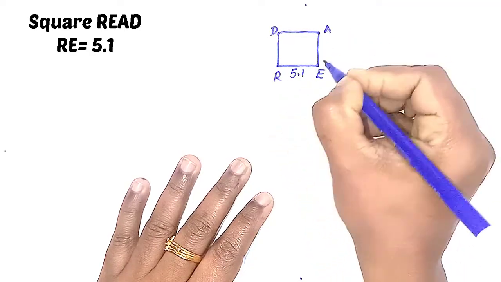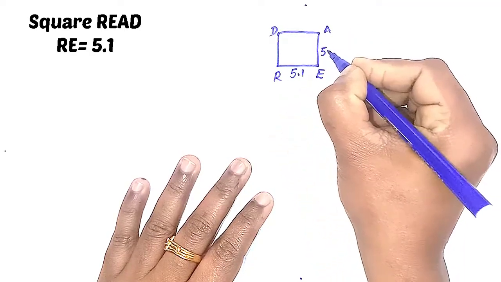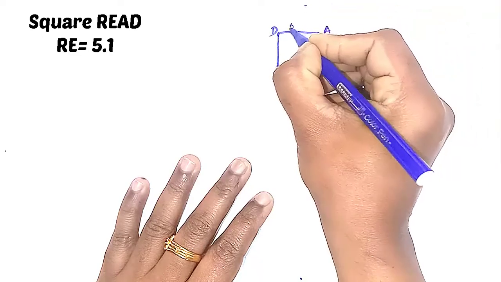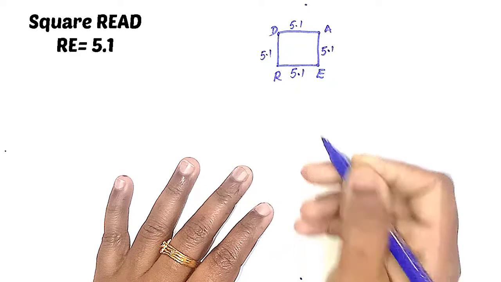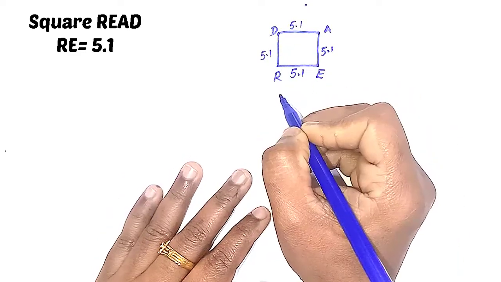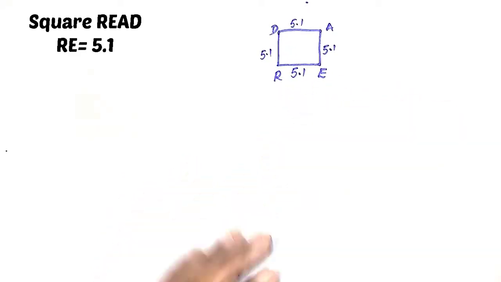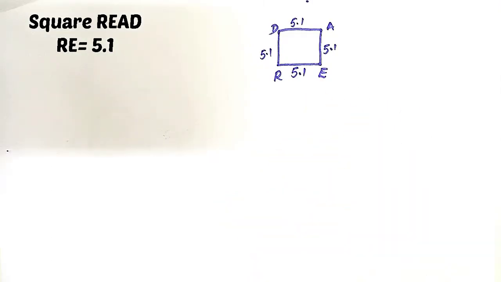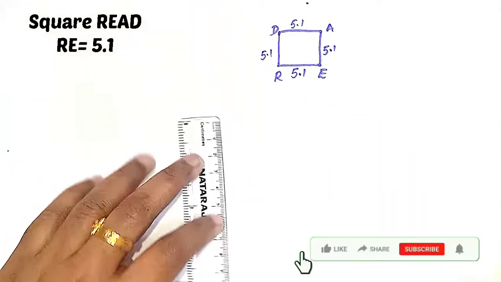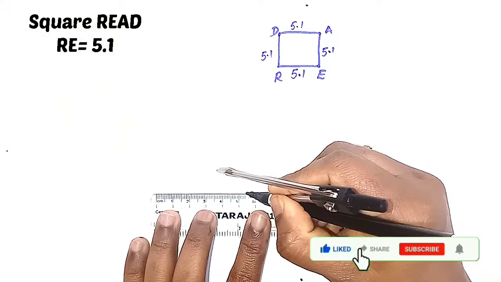That is, here RE is 5.1, then AE also 5.1, AD is 5.1 and DR also 5.1, and each angle is 90 degree. So now we can draw square READ. RE is the base, 5.1 centimeter. You can take 5.1 centimeter.